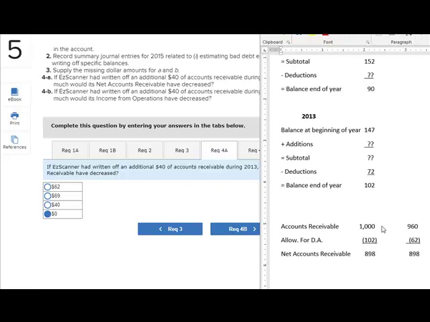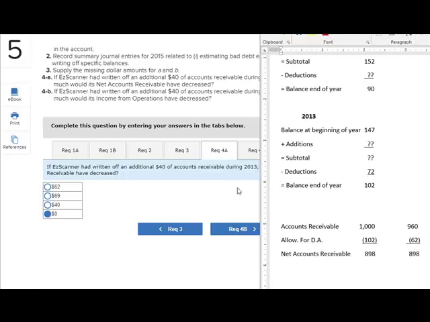And right now, for 2013, looking up here, we see that the ending balance in the allowance account is 102. So net accounts receivable is the difference between total accounts receivable minus the balance in the allowance account. So our net accounts receivable right now is $898.